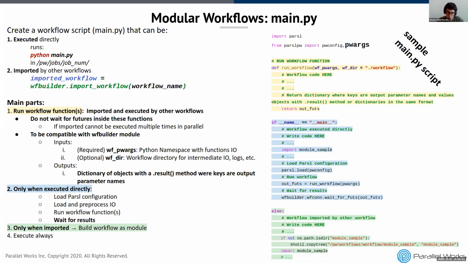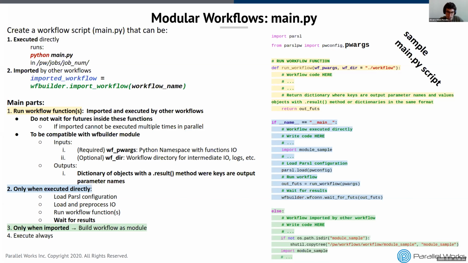Okay. So the second part I'm highlighting in blue is only executed when the main.py script is executed directly. This is done in Python with the syntax if __name__ == "__main__". And here you would want to load your Parsl configuration, load and pre-process your input and output definitions, run your workflow functions, and wait for the results.